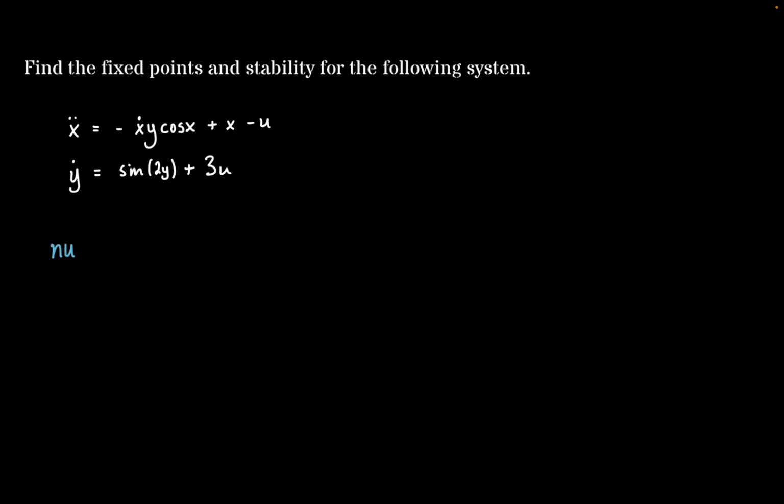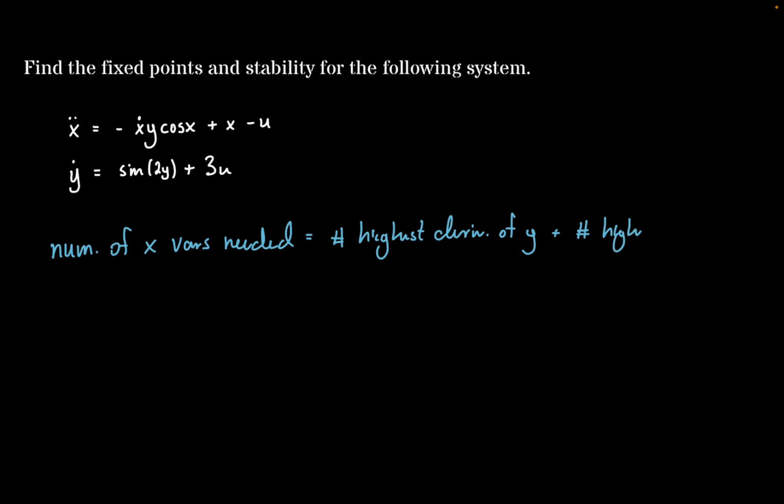So we'll essentially have the number of x variables needed. That is going to be equal to the number of the highest derivative of y, so we have a y variable, plus the number of the highest derivative of x.